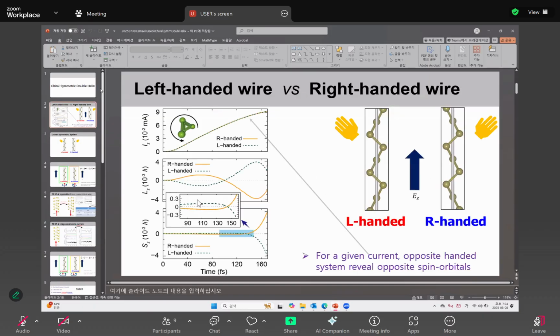We are calculating the current and the orbital and the spin using TDDFT, time-dependent density functional theory, of the chiral wire. You see the left-handed wire and the right-handed wire.